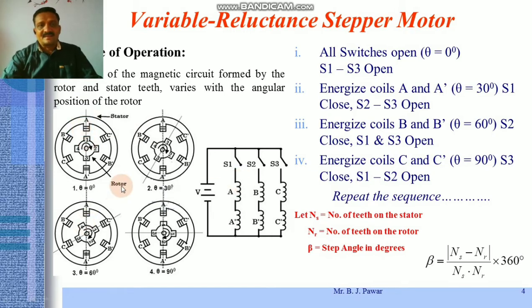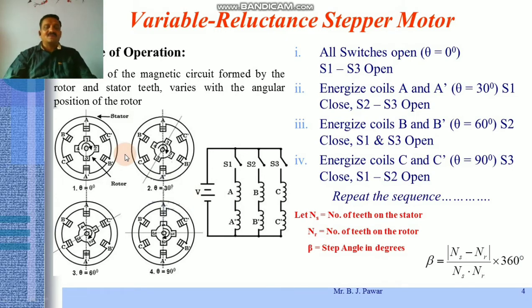Okay. Now, one by one, the operating circuitry is shown here, a simple equivalent circuitry. See, the teeth of the field are titled A and A dash, front to front. Similarly, B and B dash, C and C dash. So we can say a total of 3 phases are there. Okay.